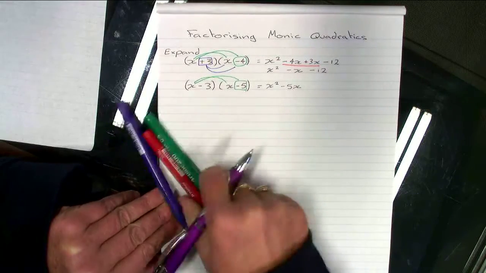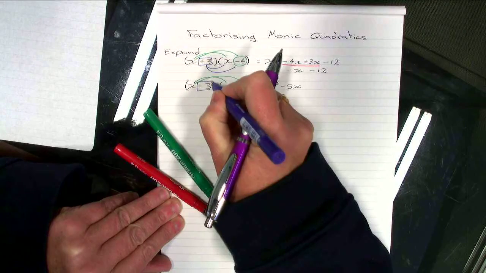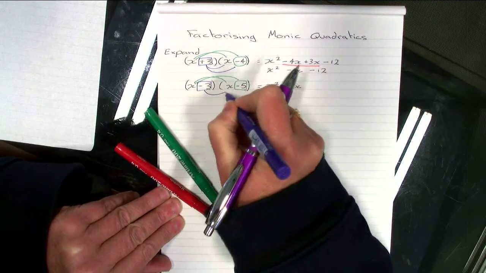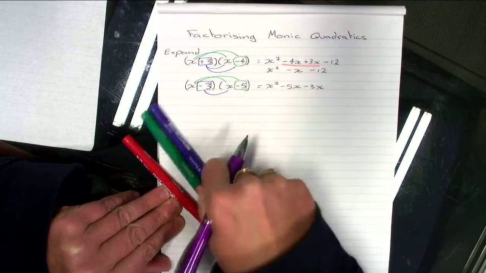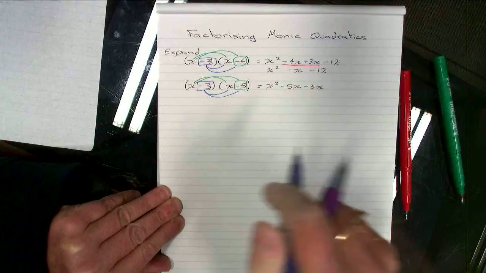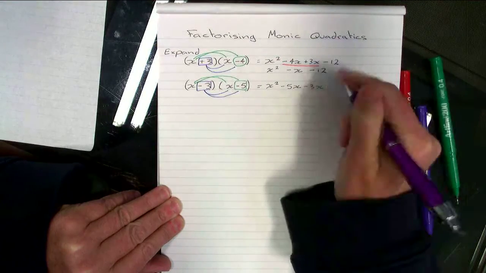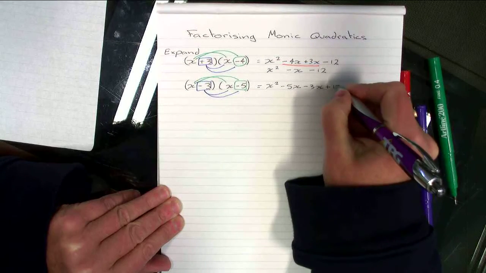Then we do our second term in the first set of brackets, so minus 3 times x is minus 3x, and minus 3 times minus 5. Minus times a minus is a plus, and 3 times 5 is 15.